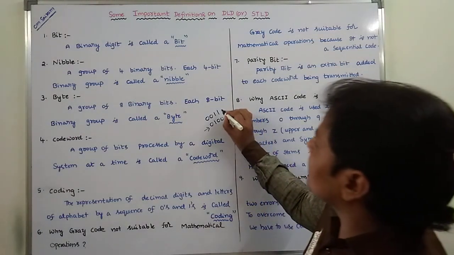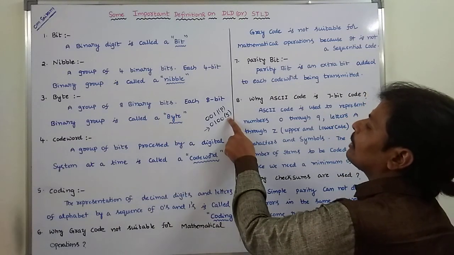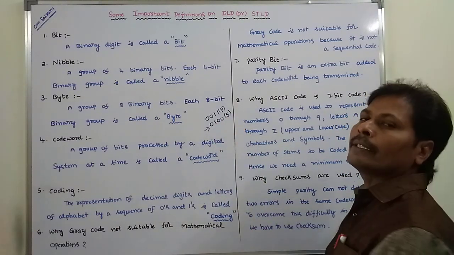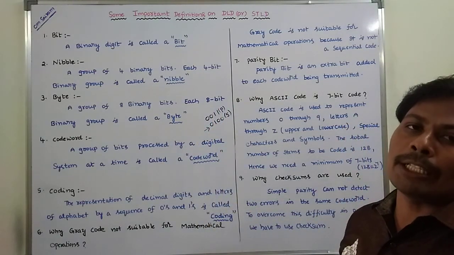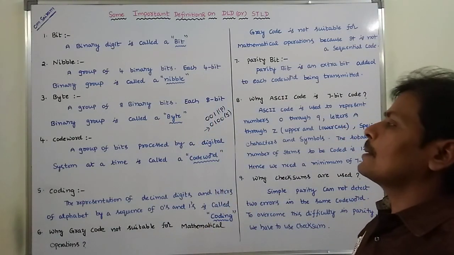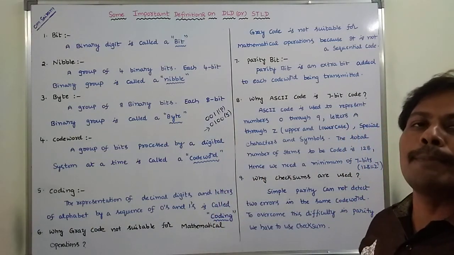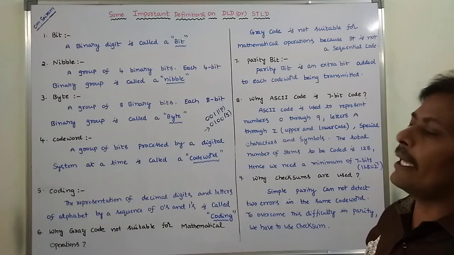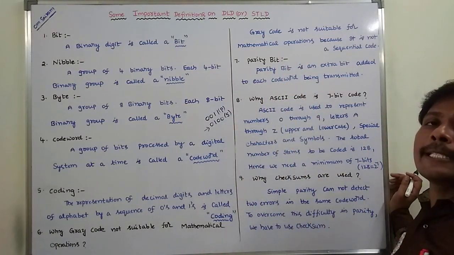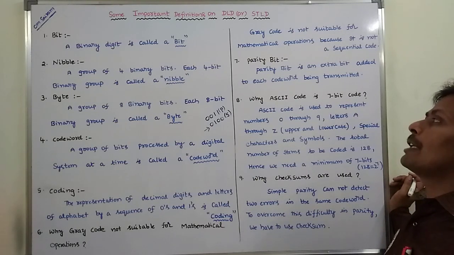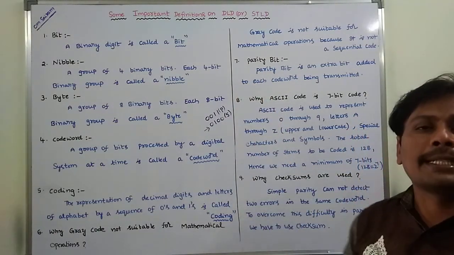So this is the preceding code word and this is the succeeding code word. This succeeding code word is one binary number greater than the preceding code word, then it is called a sequential code. So examples for sequential code are 8421 code or BCD code. But gray code is not suitable for mathematical operations because it is not a sequential code. Okay. Next definition is parity bit.